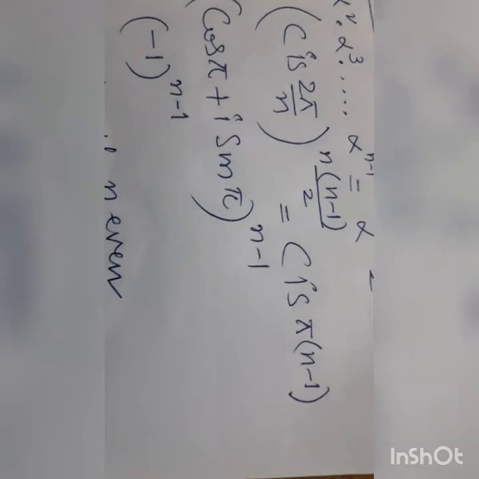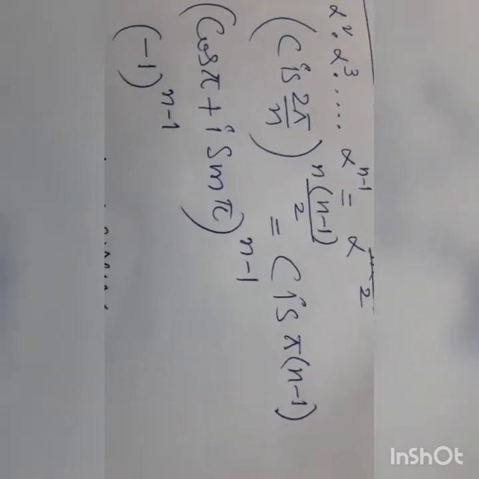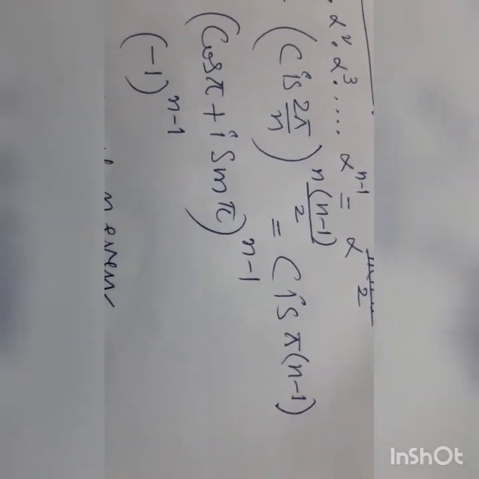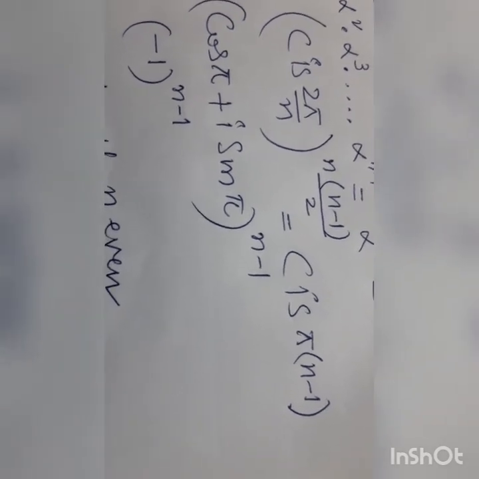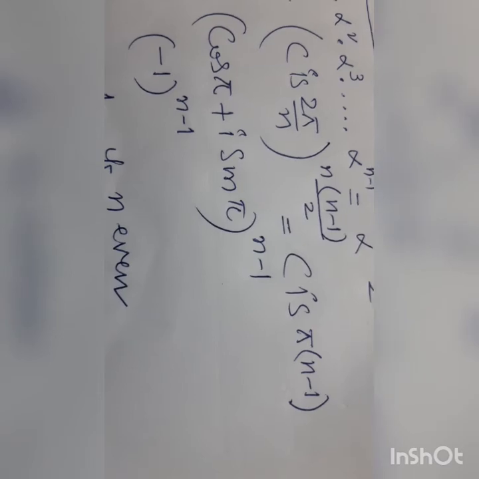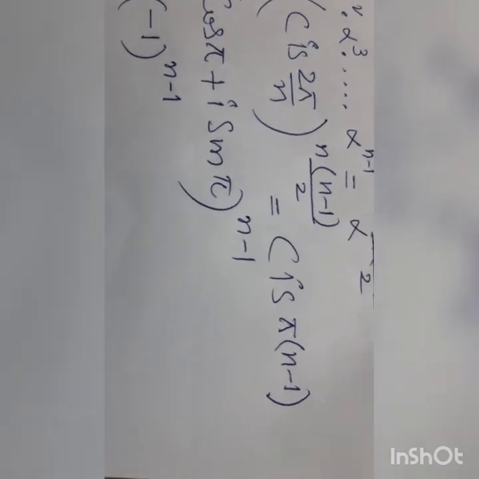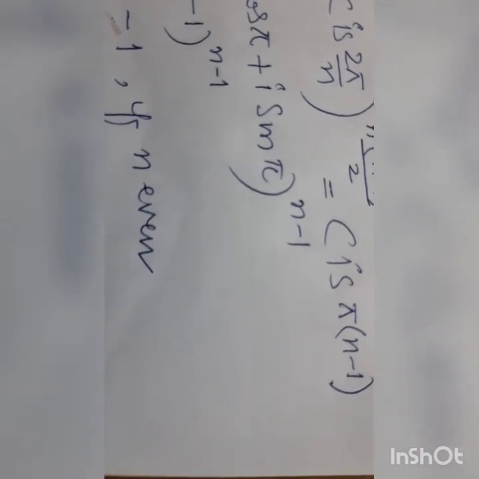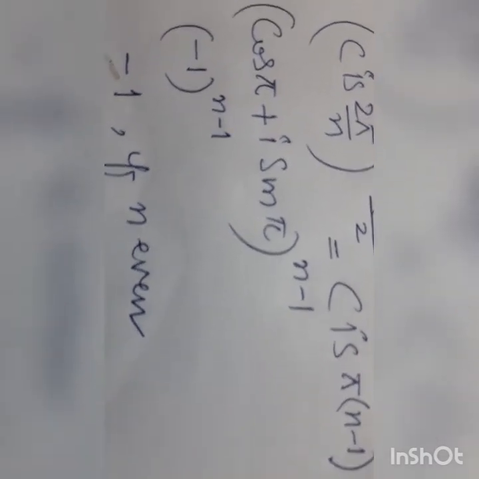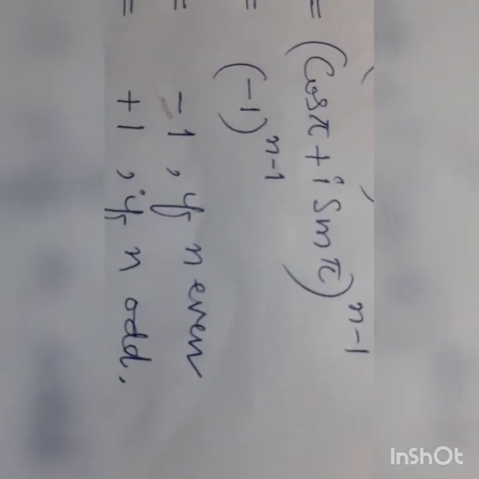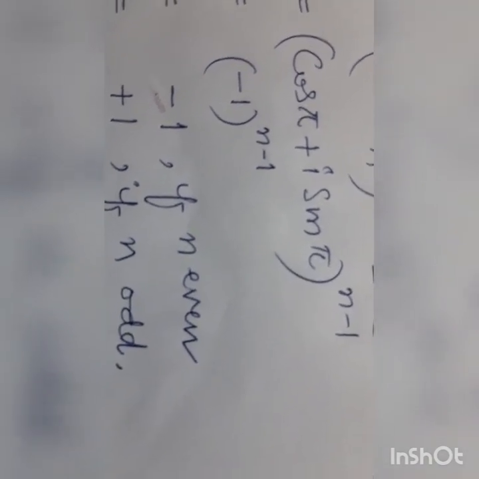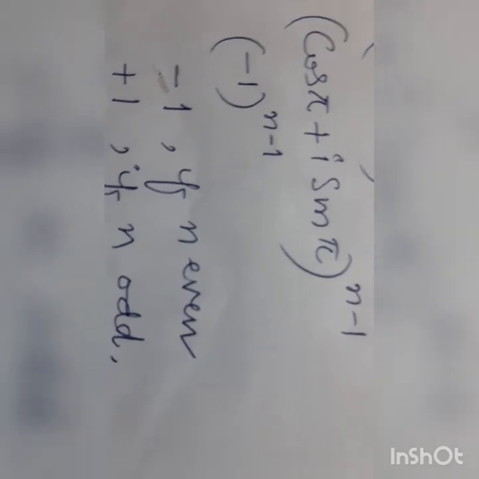So, according to De Moivre, cis 2 pi by n into n minus 1 by 2, amplitude and power should be multiplied. 2 cancels, n cancels, pi into n minus 1. So cos pi plus i sin pi to the power n minus 1 we can write according to De Moivre. What is cos pi? Minus 1, sin pi is 0. Cos pi plus i sin pi is minus 1.